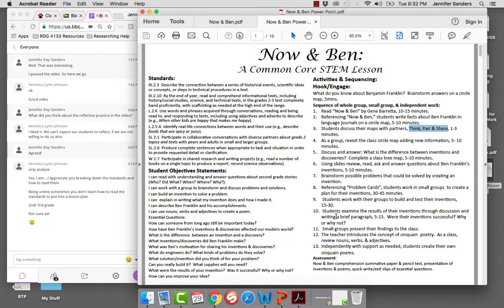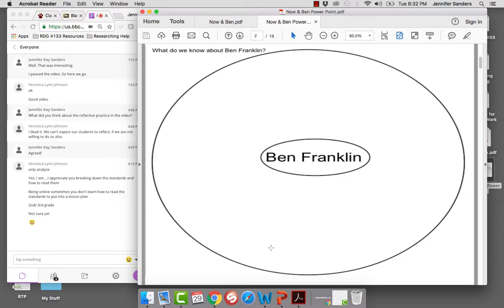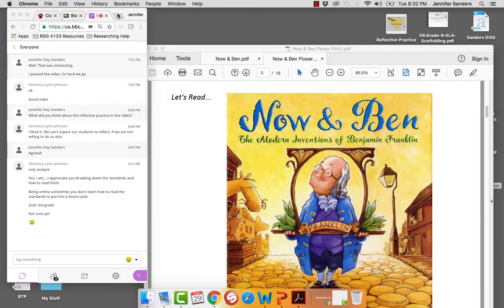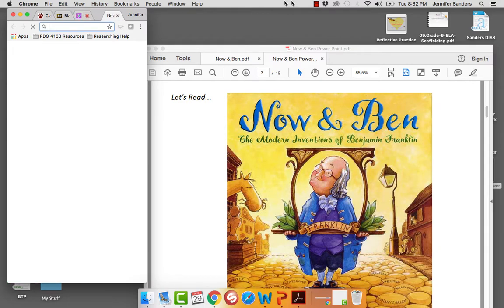And you don't know if Now and Then is a text appropriate for this grade. See, they're reading Now and Then, which I just did. And there's the book. We might have to look that up. Let's pause and look it up, just to ease our minds.